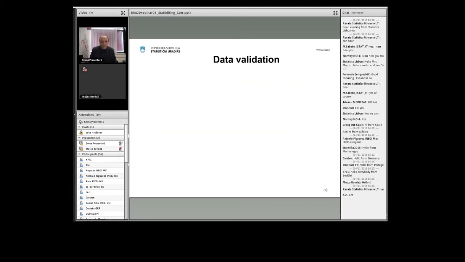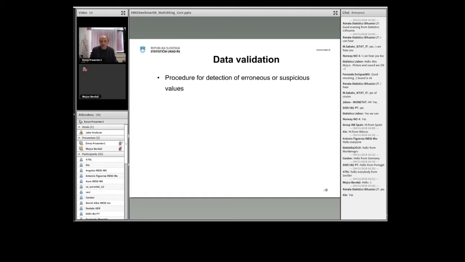But before we go to the relation between automated and manual data editing, just a quick look at data validation. I already said data validation is used to find errors. There are validation rules, usually written in a computer language, that are used to discover errors in your data. These procedures are usually done with special software, and they detect erroneous or suspicious values.